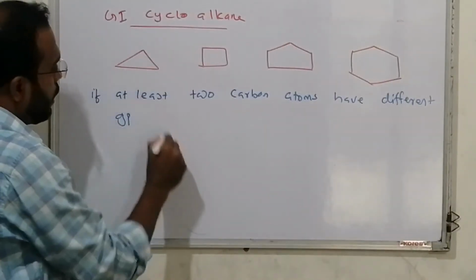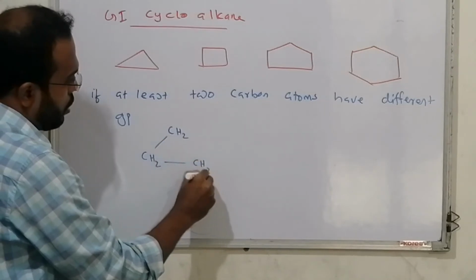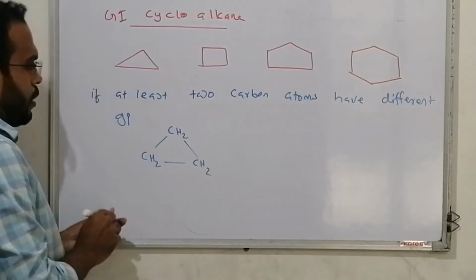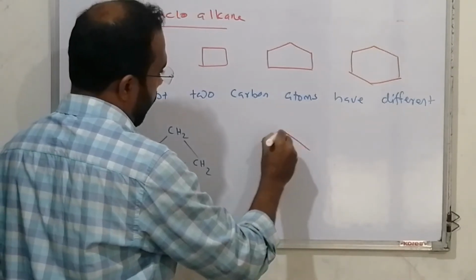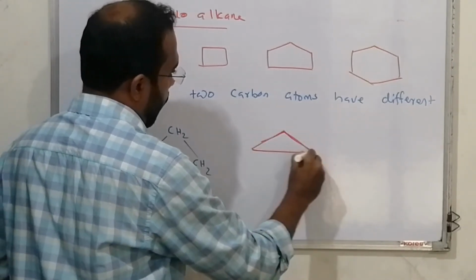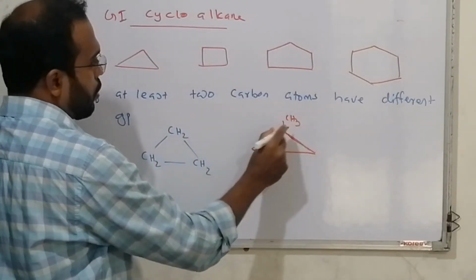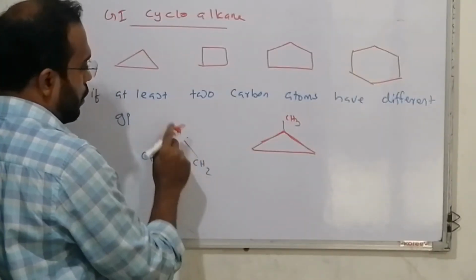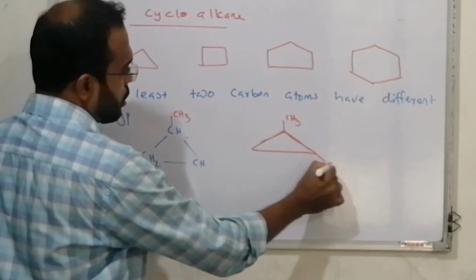What is the meaning? Let us take this CH2, CH. Suppose you take at least two carbons. Here you remove one hydrogen and put CH3. Here one hydrogen. Okay. That is CH3. Here also you remove one hydrogen and put the CH3.